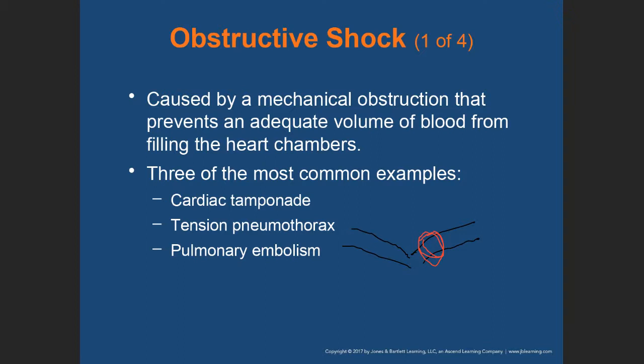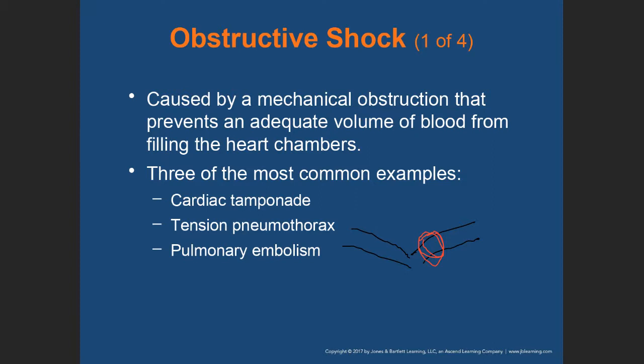Now, if it blocks one side of the pulmonary artery, it means that there will be a decrease in the amount of blood that is going to the lungs. If there is a decrease in the amount of blood going to the lungs, it means less blood will be coming from the lungs to the heart.